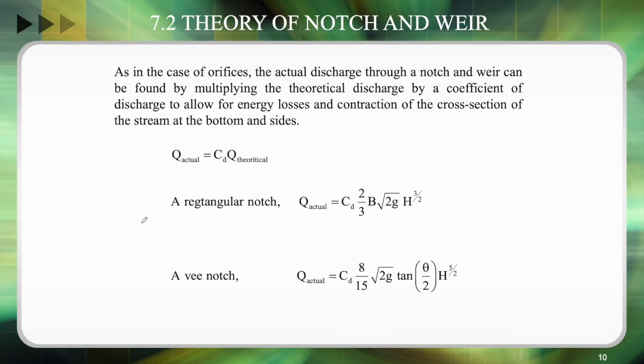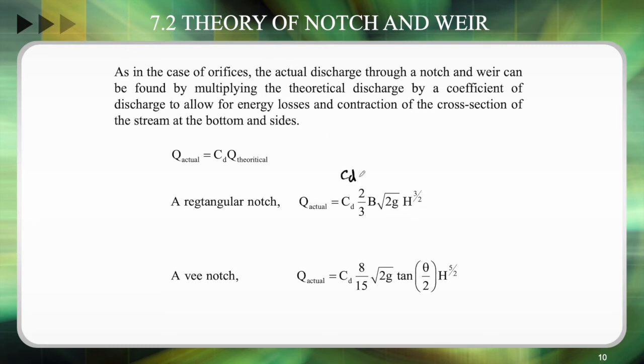So for you to get the actual discharge of a V notch or rectangular notch, as I mentioned before in the previous video, we have to multiply with the coefficient of discharge to get the actual discharge. So Q actual is CD times the theoretical discharge.